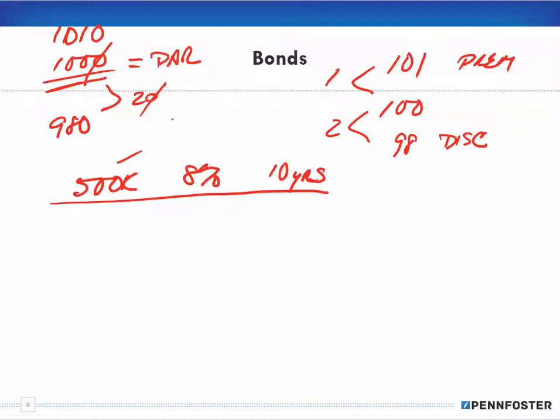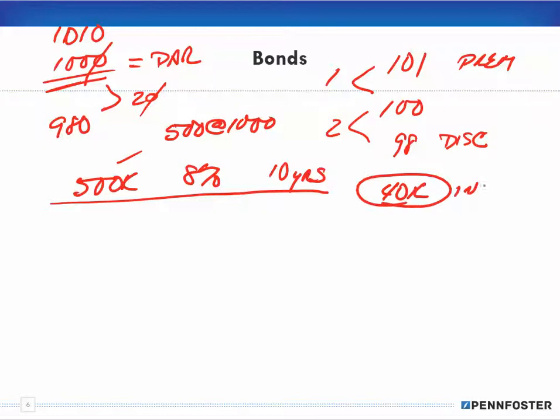Knowing that it's 500,000, and since par value is 1,000, that means 500 bonds at 1,000 each. 8% of the 500,000 means annually, $40,000 is going to be interest. But it's being paid semi-annually, so we divide that by 2. That means each semi-annual period, $20,000 is going to be our interest expense, and that's going to occur over the course of 20 periods.